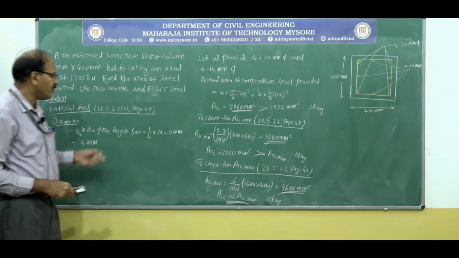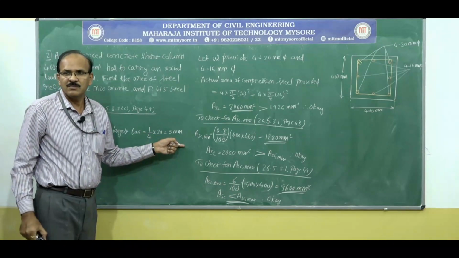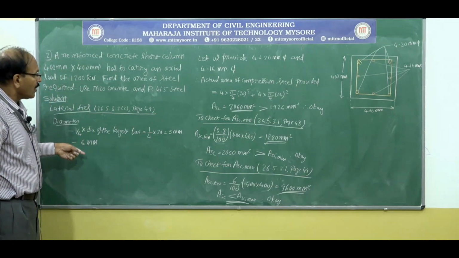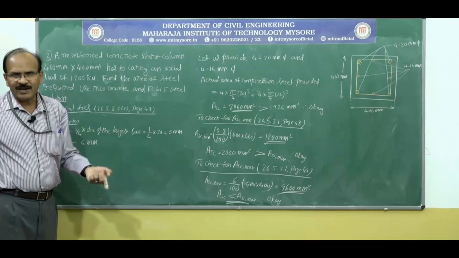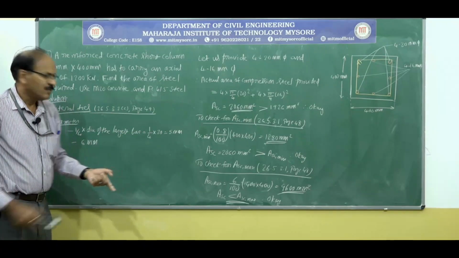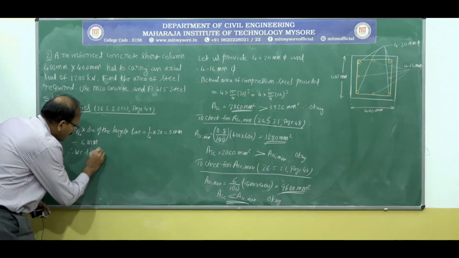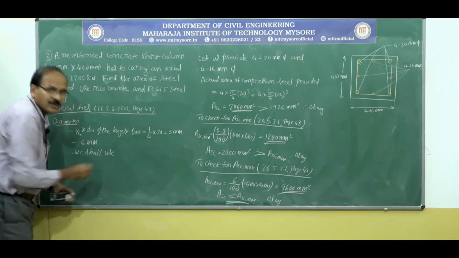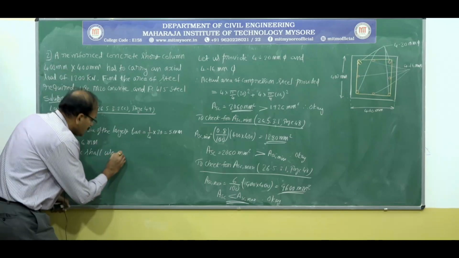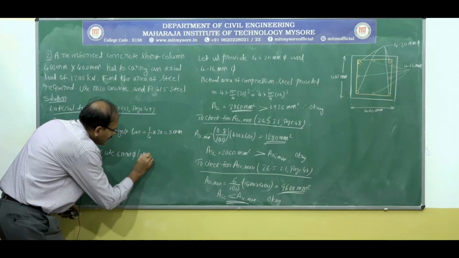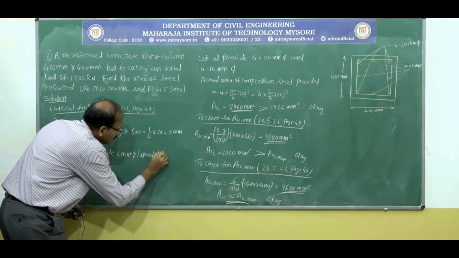If you refer to the code, you are going to see these two things. Out of these two, take the higher value. Therefore, we shall use 6 millimeter dia lateral ties.